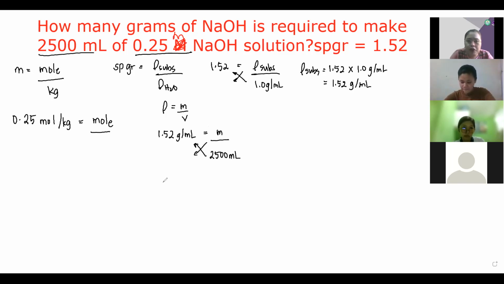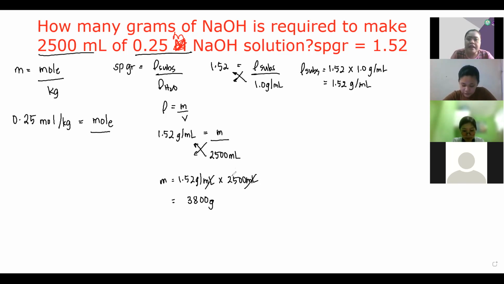Let's do cross multiplication. The mass here is 1.52 grams per ml times 2,500 ml. Let's cancel the unit. 1.52 times 2,500 is 3,800. Ay, sorry. Bakit ml? This is grams.